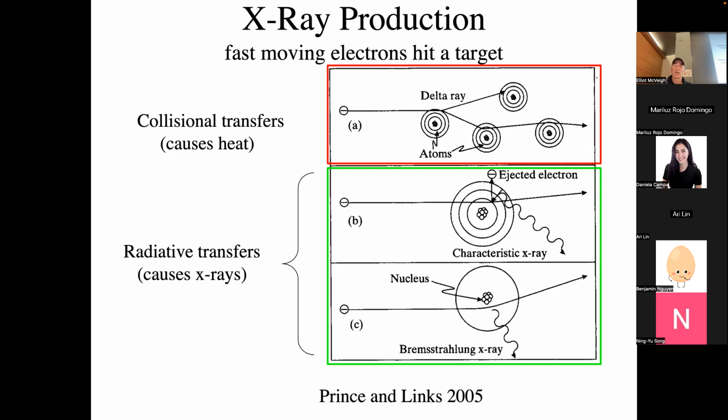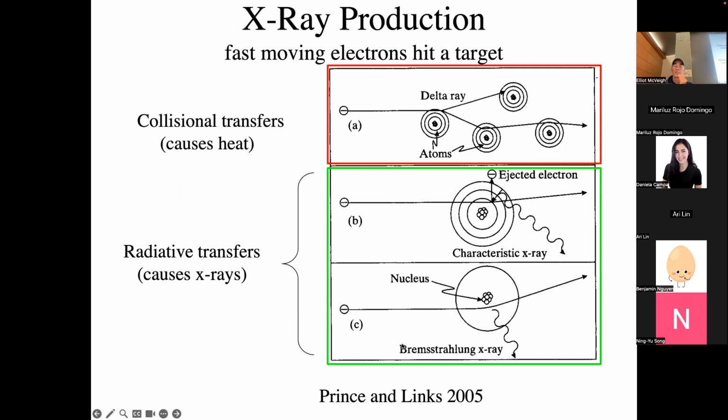And in doing so, when it does that transfer, it loses energy as a photon, okay? And that photon comes out usually as a characteristic X-ray, it's called, which is in the 100 kilovolt range, okay? That's called characteristic radiation.